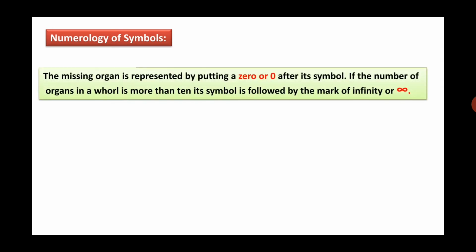The missing organ is represented by putting a 0 or 0 in digit after its symbol. If the number of organs in a whorl is more than 10, its symbol is followed by the mark of infinity.